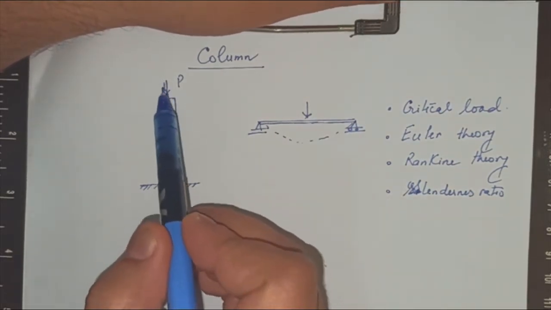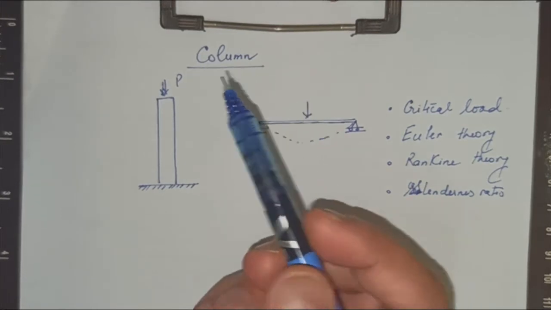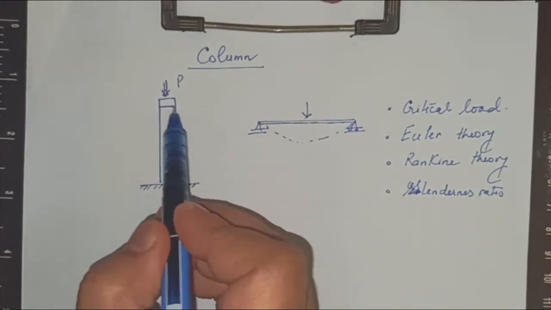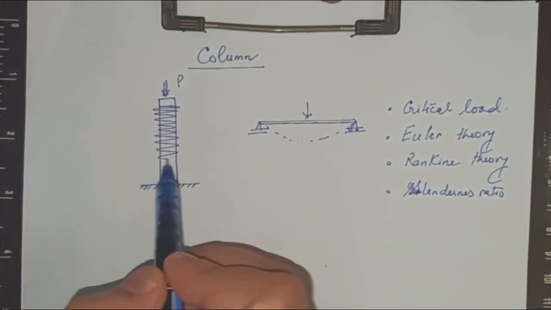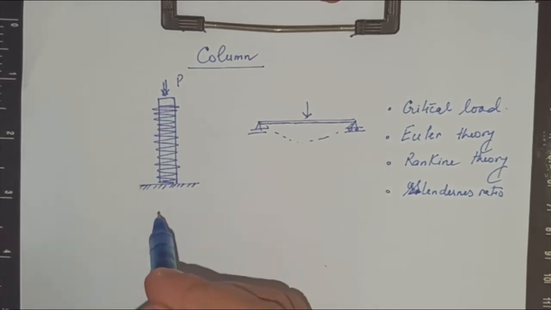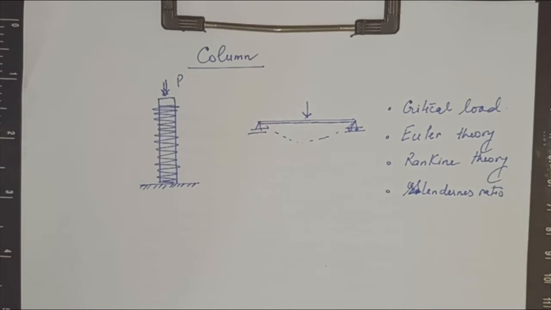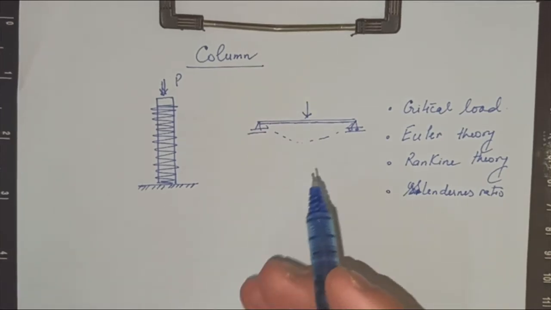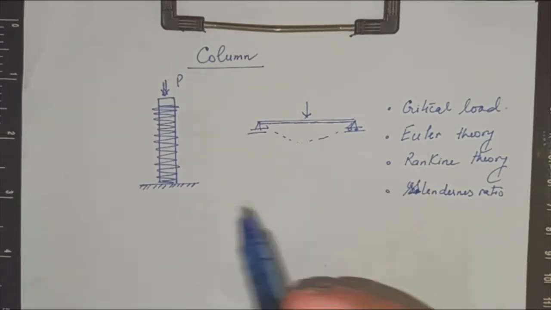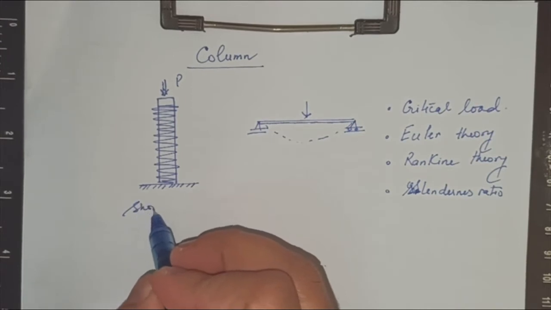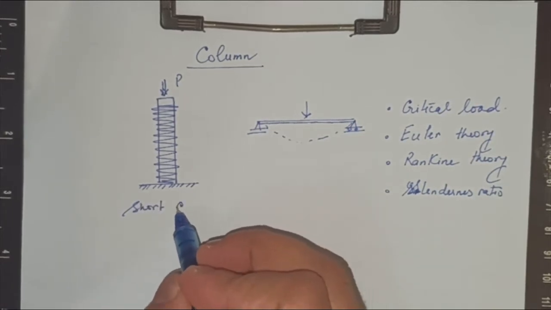Whenever the load is at its maximum they fail by crushing inside the column. These are technically considered in the regime of short columns.